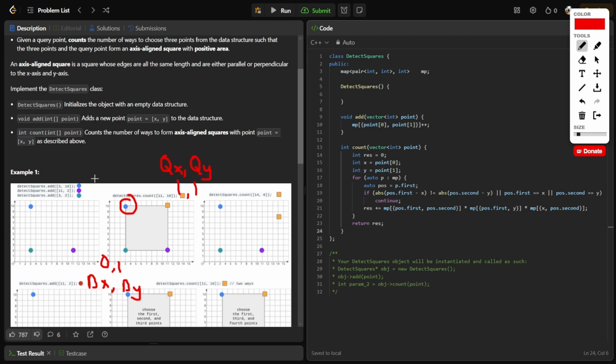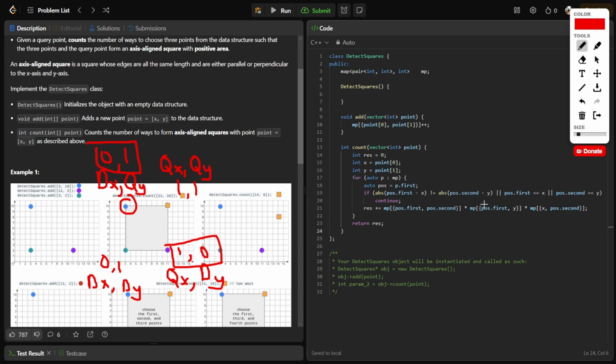So this is dx and query y. In this case it will be 0 and 1. So the opposite will be qx and dy. Probably shouldn't have used q and d because they look oddly similar, but you get my point. So we're basically trying to find these values inside of our hash map.